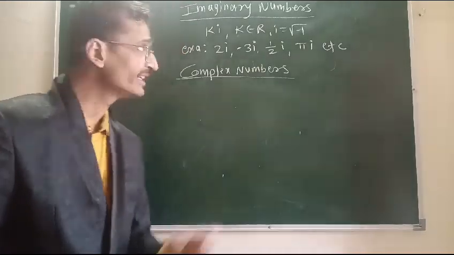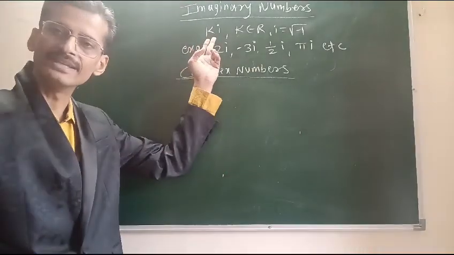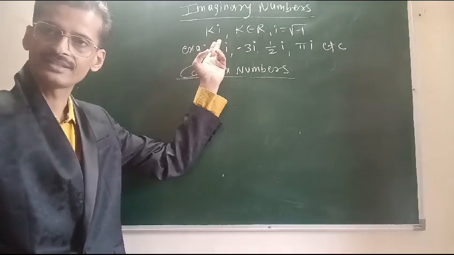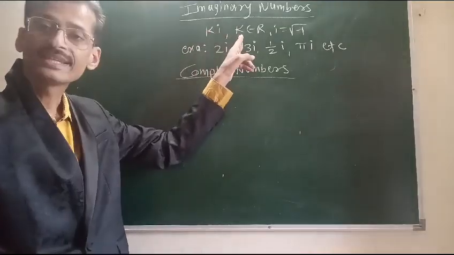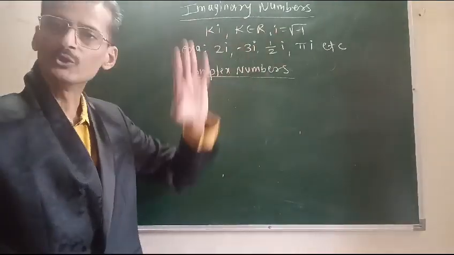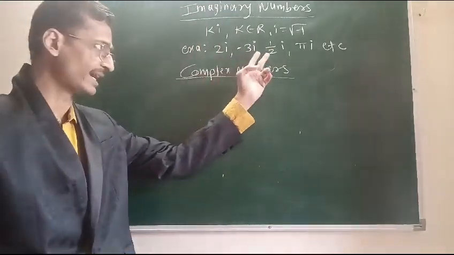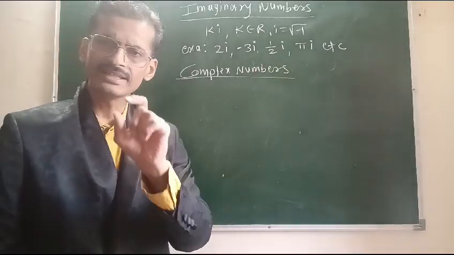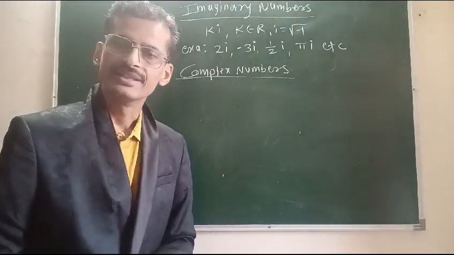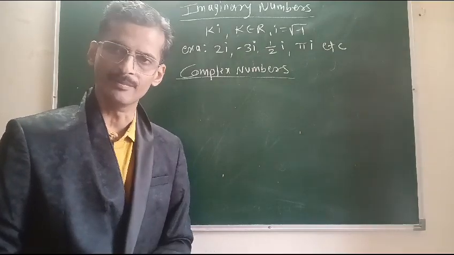So what is an imaginary number? If a number is given in the form k i, k into this i, where k is a real number and i, we know, is root of minus 1. For example, 2i, minus 3i, half i, pi i. So any real number into i is called an imaginary number.